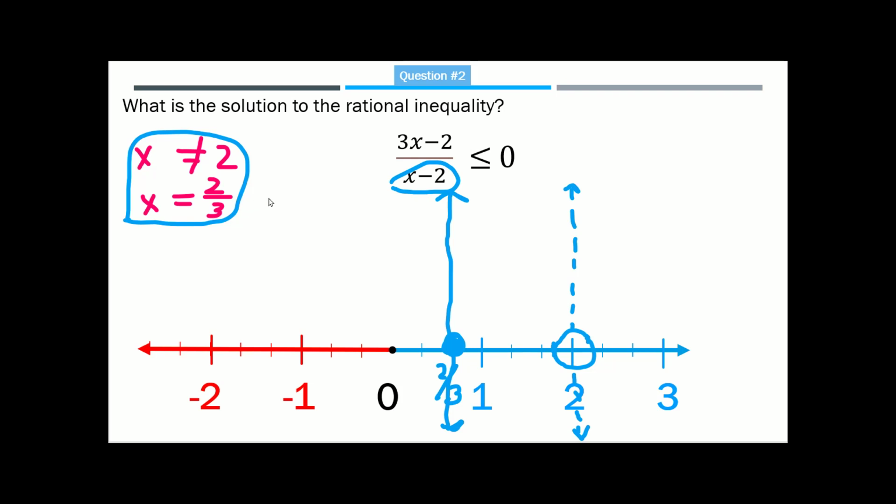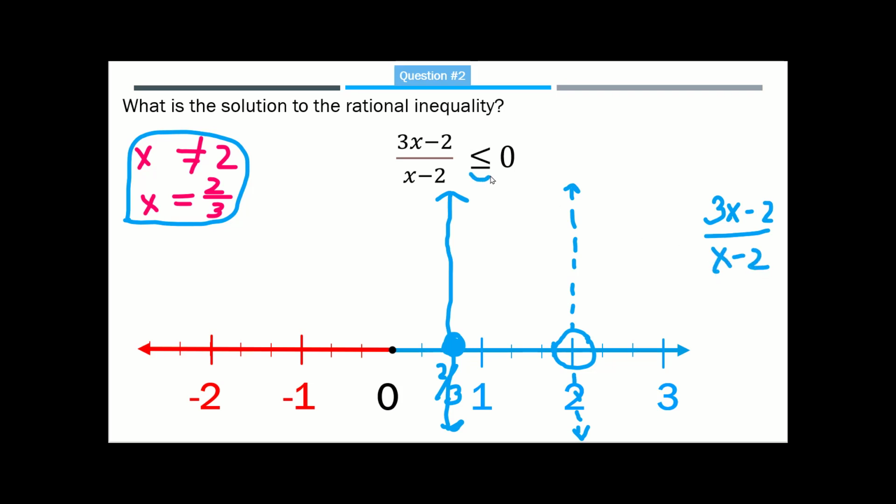All right, so let's go back to our inequality, and I'm going to write it over here to the right. 3x minus 2 over x minus 2.